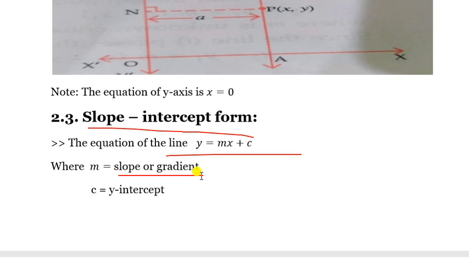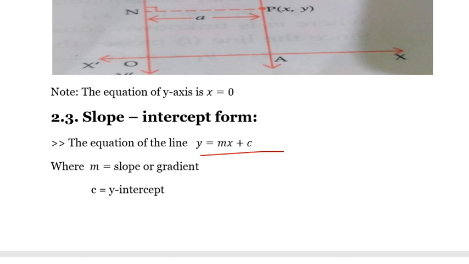And what is c? Many times I repeated that: c is the y-intercept, which I explained with a diagram. So when the slope and intercept are given in a question, you have to use this formula, y equals mx plus c.